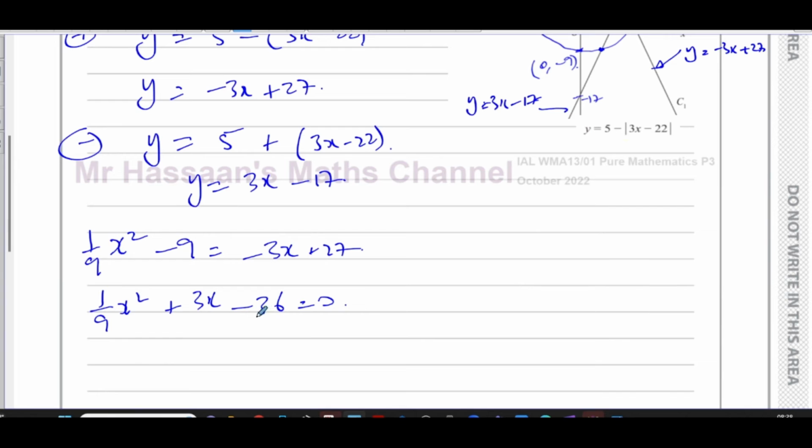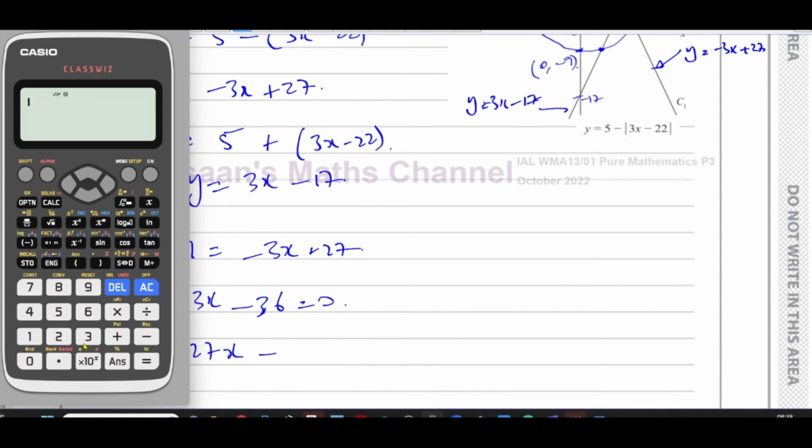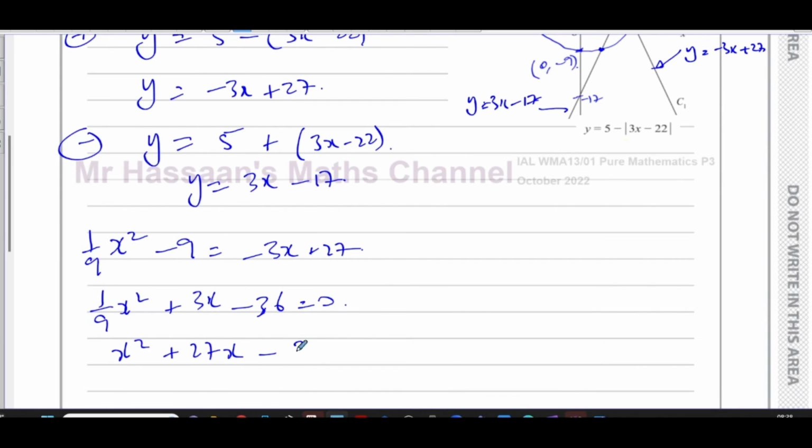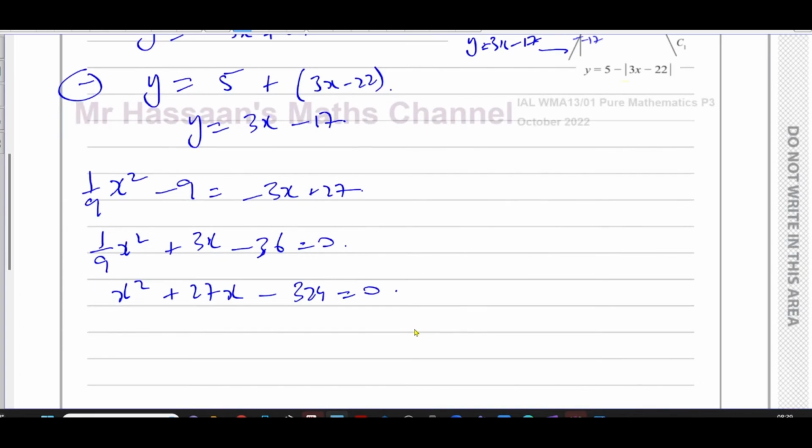Let's multiply everything by 9. So we have x squared plus 27x, and 36 times 9 gives you 324, equals 0. To solve this, I know one of the solutions is x minus 9.